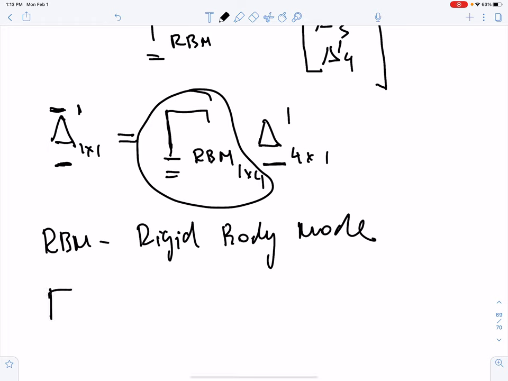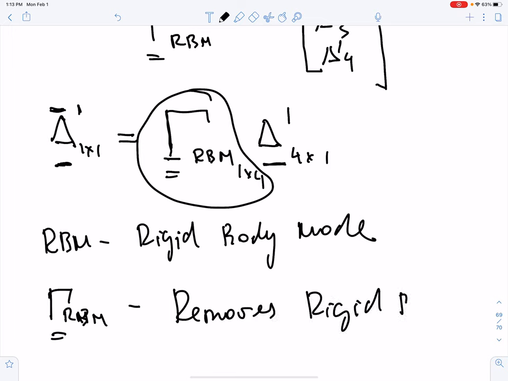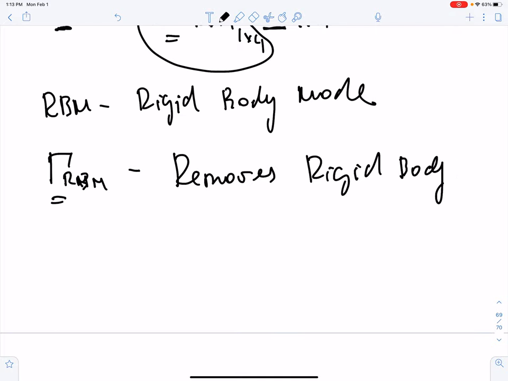So gamma RBM basically extracts, or not extracts, but I would say removes rigid body modes from delta prime, right? From a general vector of displacements. Okay, removes rigid body modes, right?